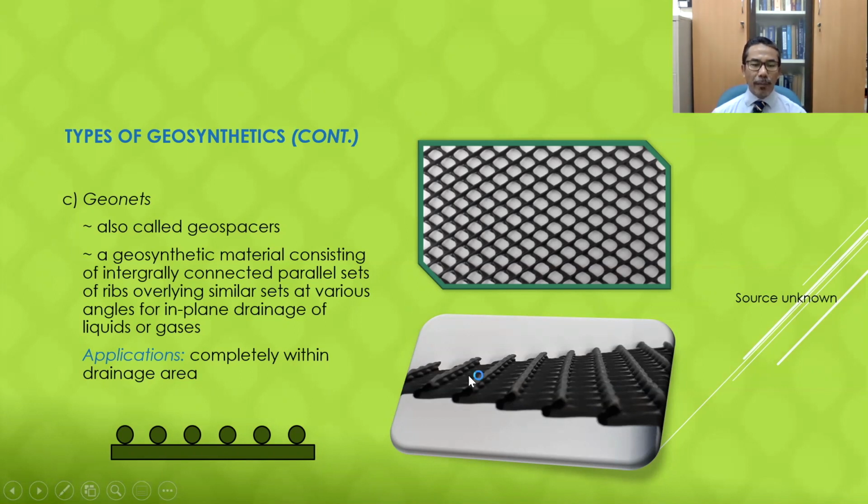If we look at the cross section here, this is the set of parallel ribs normal to the monitor, and then another set of parallel ribs are placed on top of this set of ribs. So we can see the space here. Behind this rib also there are spaces. So this geonet is normally used for drainage.